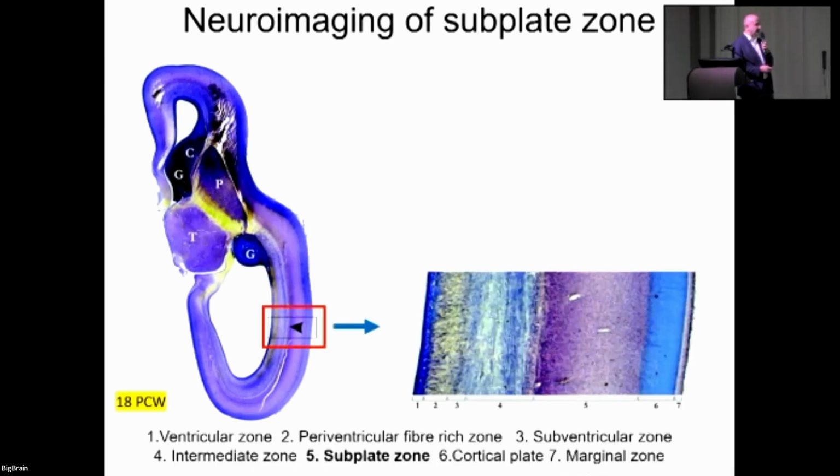So for example, if you use this cresyl violet staining, then you could get all the layers of cortical wall from the ventricular zone, subventricular zone, intermediate zone, subplate zone, cortical plate, and marginal zone, even fiber-rich zone within subventricular zone.